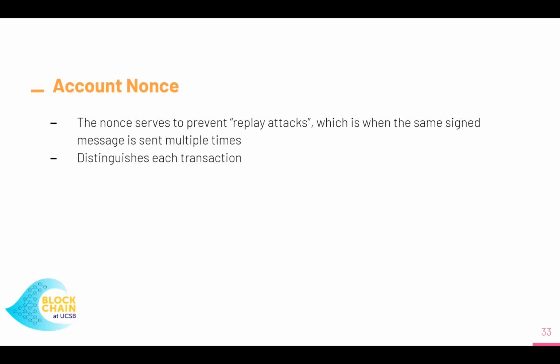And in particular, nonces serve to prevent replay attacks, which is when you send the same signed transaction over and over. So if you send transaction number 1, and then someone else sees your transaction, they can just copy it and then send it over and over, right? And perhaps drain your account.